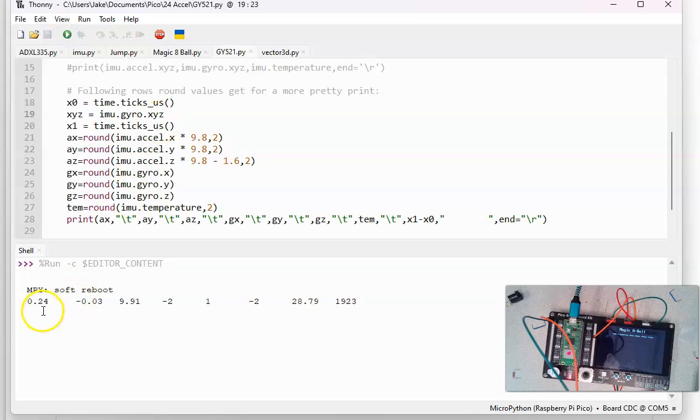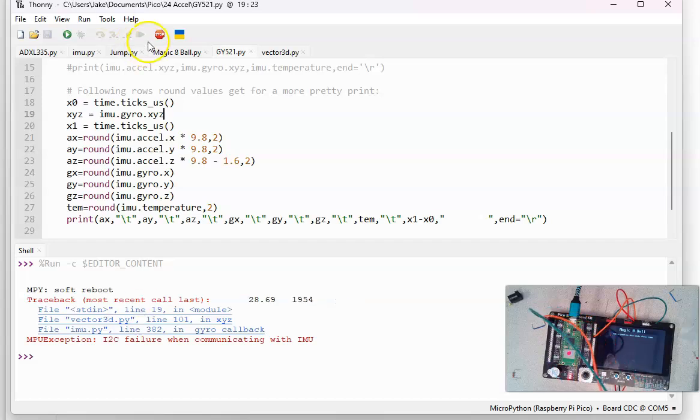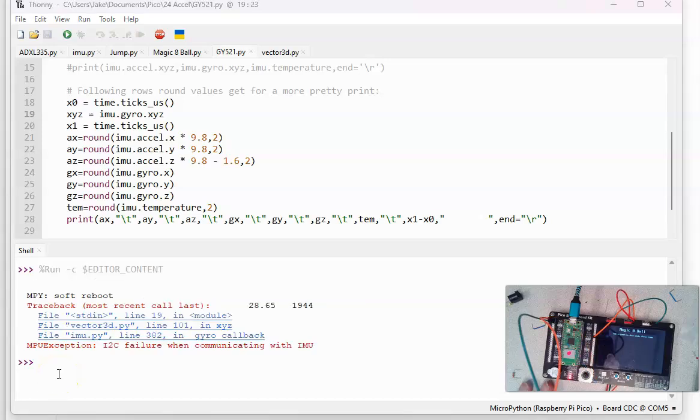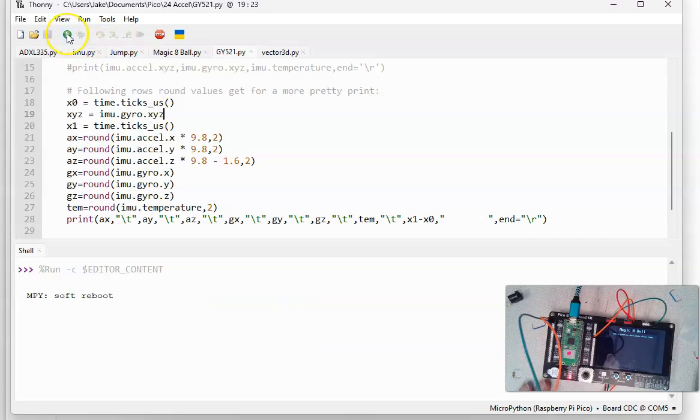If I run this, here is the acceleration XYZ, again 9.8. If I flip, a bad wire connection there. There's acceleration XYZ.